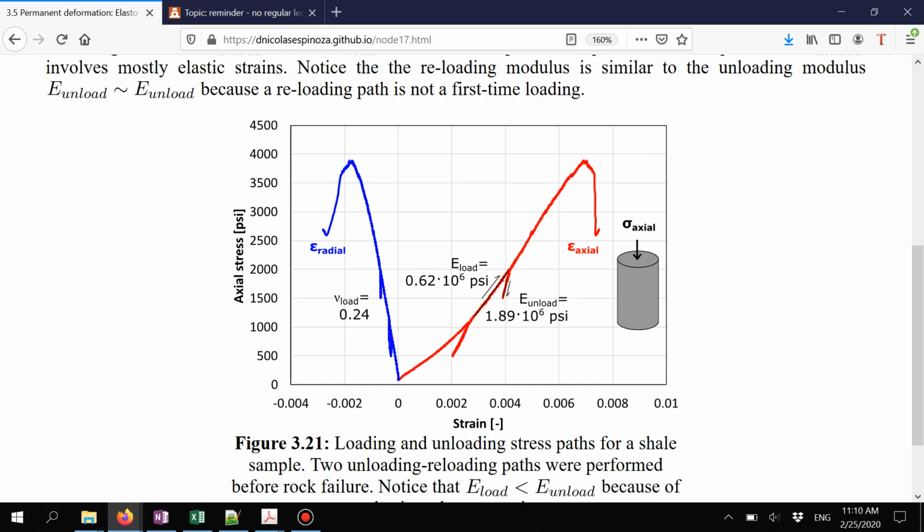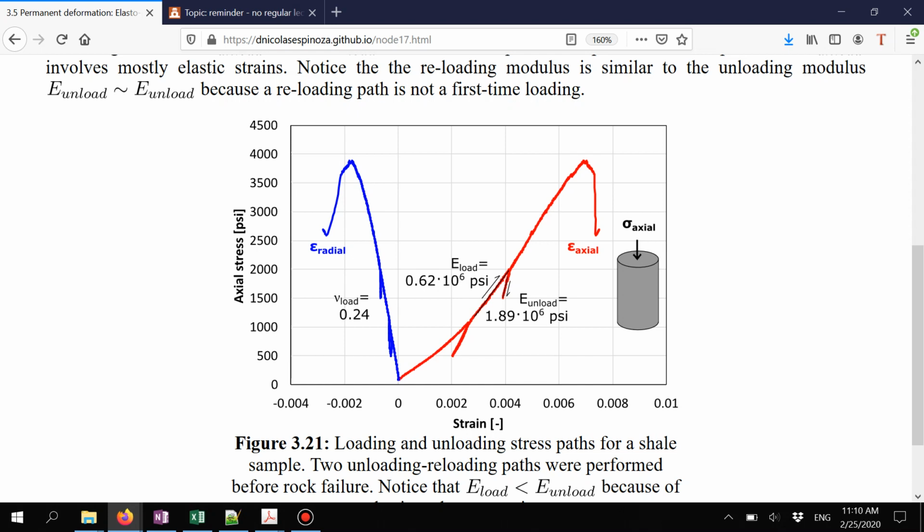And because of that, that unloading Young's modulus many times, almost always, is higher than the loading modulus. And again, this is due to irrecoverable strains. I'd like you to notice from this plot that you can have irrecoverable strains before you get to the peak stress. Of course, when you get to the peak stress, you're also going to have large irrecoverable strains.